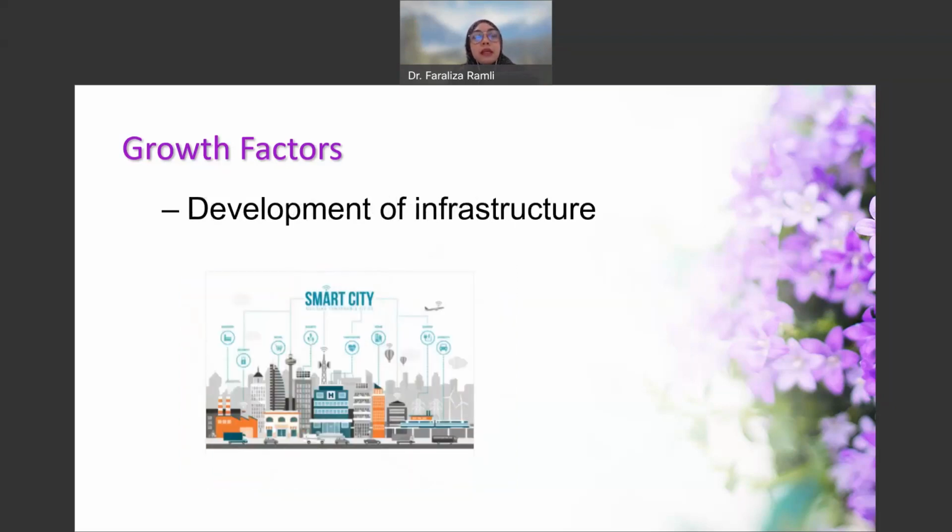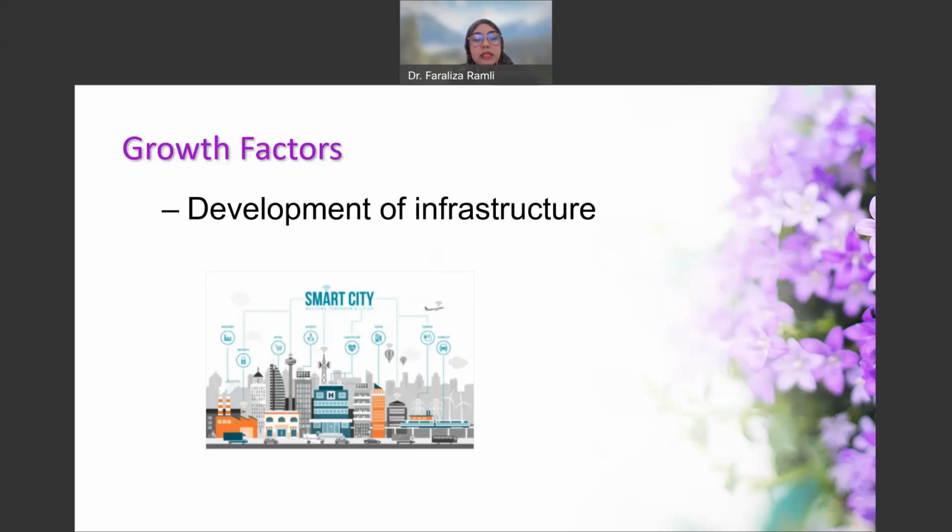Okay, and then development of infrastructure. So infrastructure such as road, ICT, water, sanitation, the development of a country's infrastructure is vital for the growth of the sector and the overall economy.